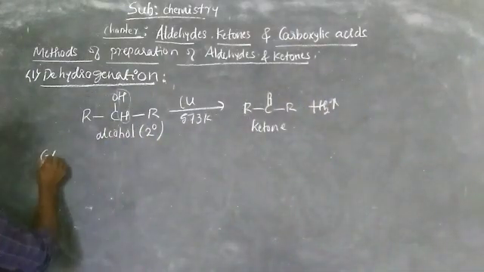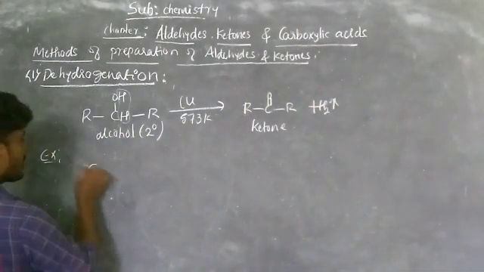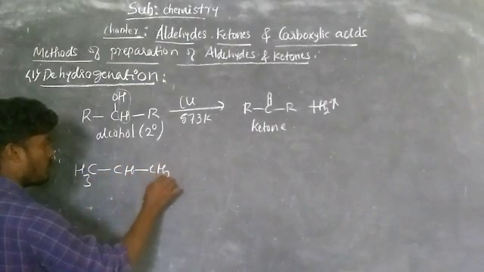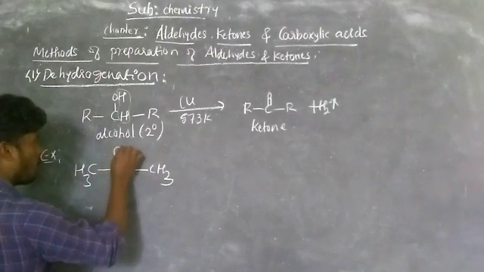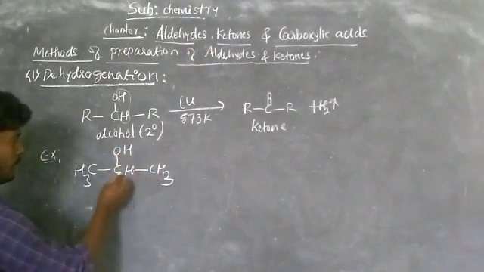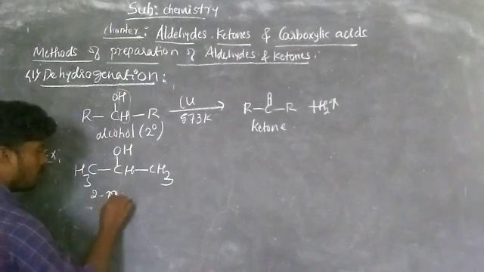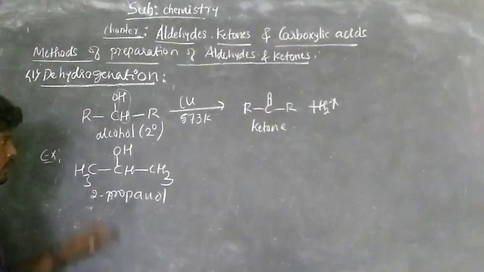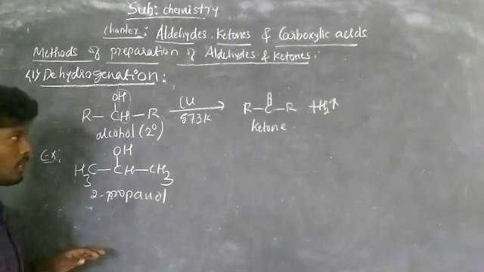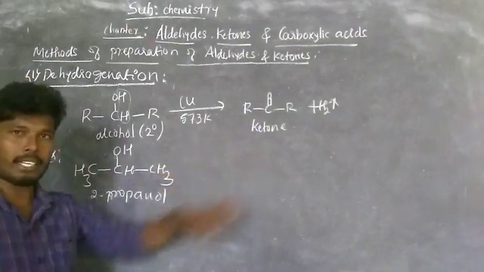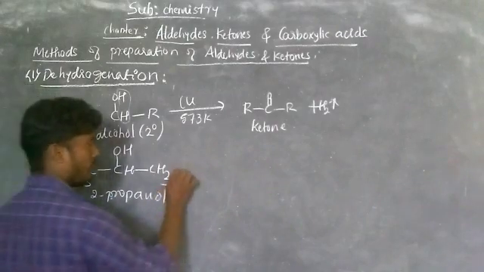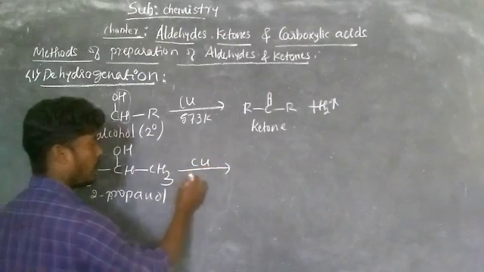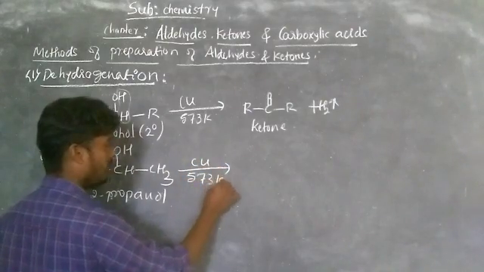Now example, take propanol, CH3 CH(OH) CH3. What is its name? 1, 2, 3. That is 2-propanol. So already you know the IUPAC names for alcohols, and also you know them for aldehydes and ketones, so we are discussing that. Now it is passed over the copper at 573 Kelvin.